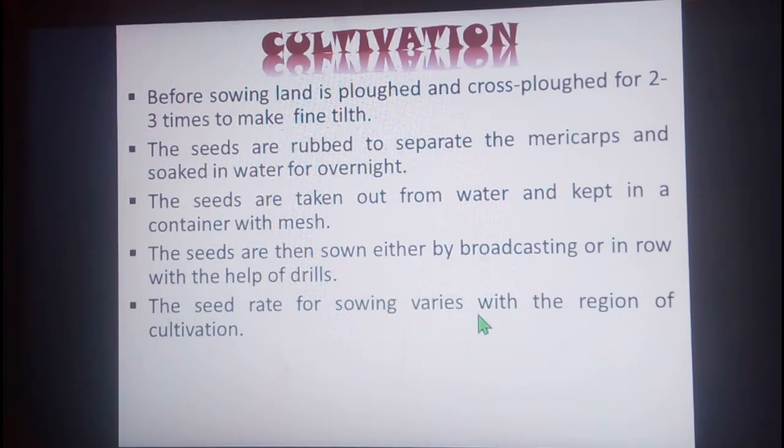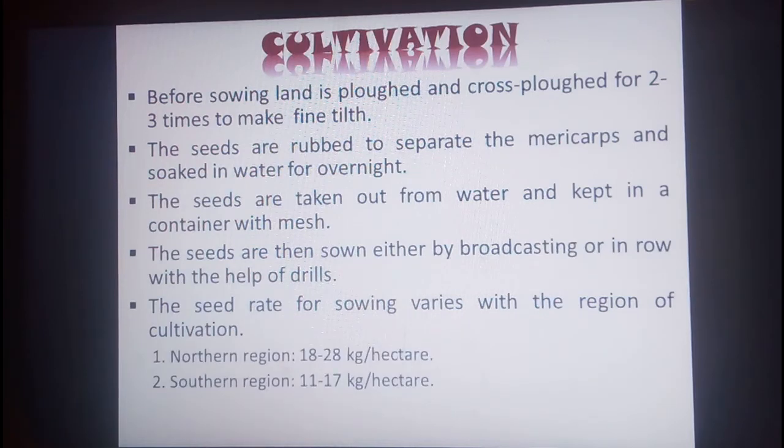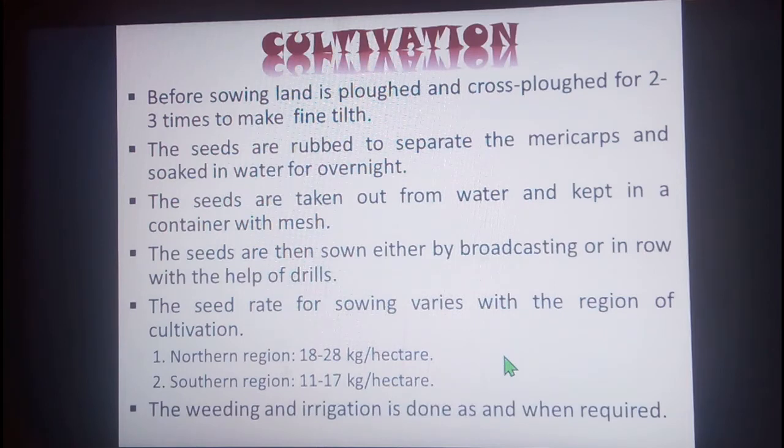The seed rate for sowing varies with the region of cultivation. It varies from one region to another, and as you can see here, in the northern region the seeds are usually sown at 18 to 28 kg per hectare, whereas in the southern region they are usually sown at only about 11 to 17 kg per hectare. Weeding as well as irrigation is done as and when required by the crop.